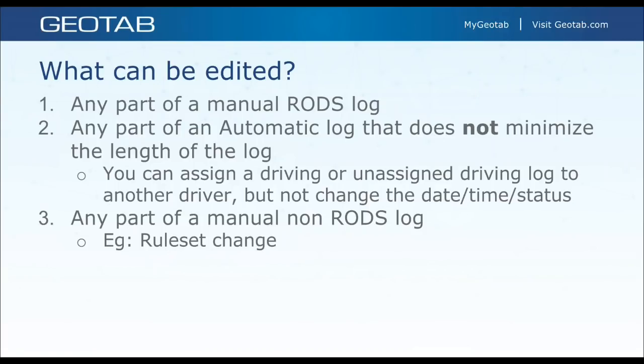So you can't change the actual time it starts and stops. You can't add a different log in the middle of it. It's very much the time that we're worried about here, and obviously that's pretty important because you don't want that to be editable because then you're opening yourself up to potential issues with litigation and whatnot, like I mentioned.